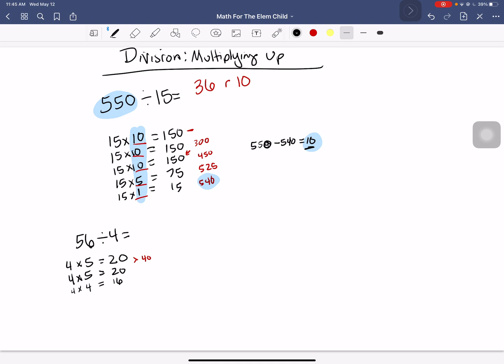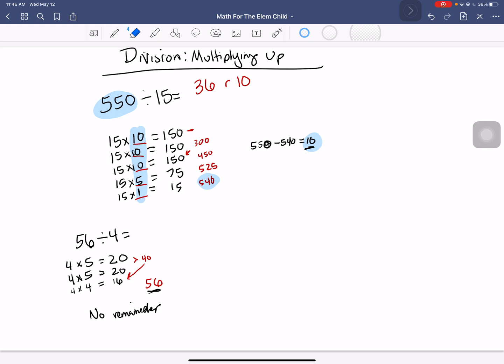And if I add 40 plus this 16, I will have exactly 56. Okay. So we have no remainder in this problem. We got up exactly to 56, no leftover anything.